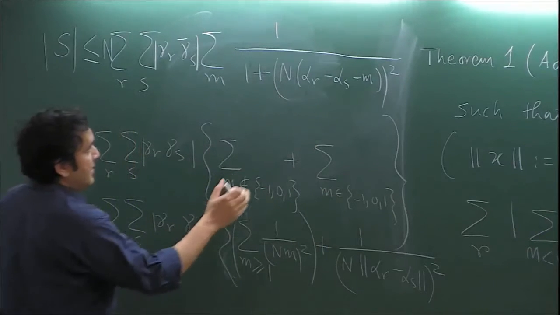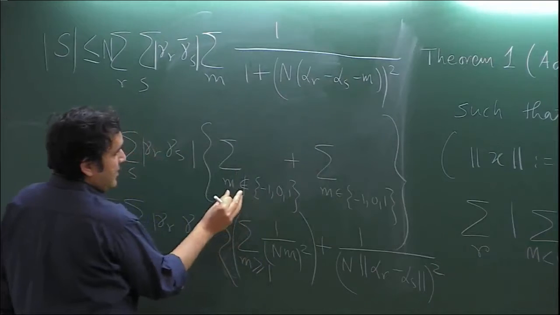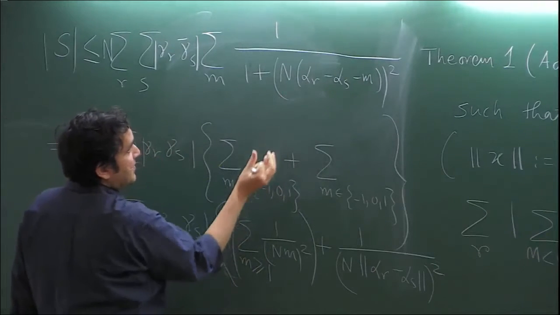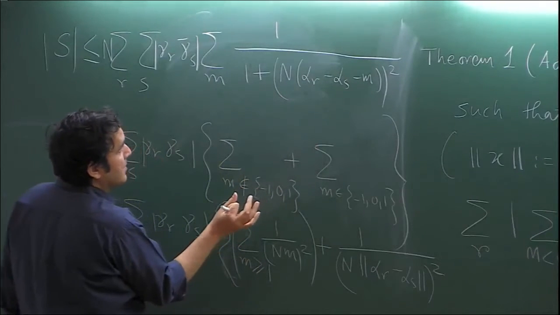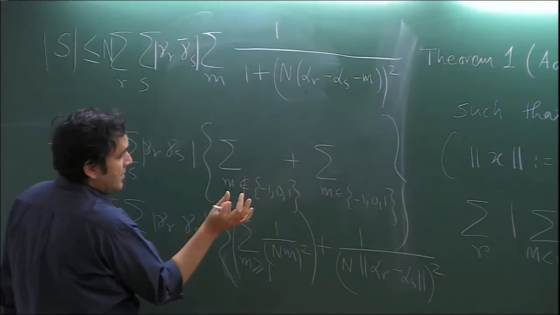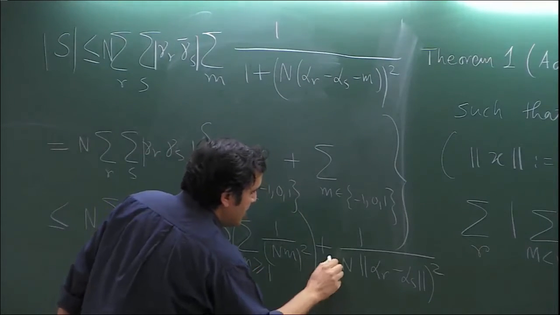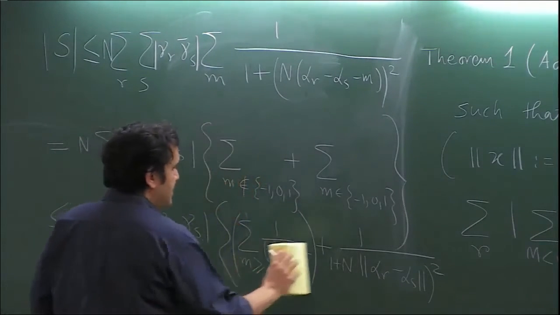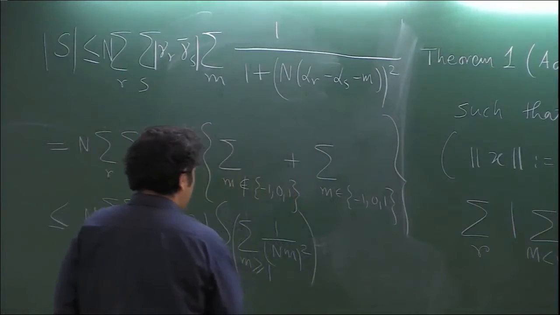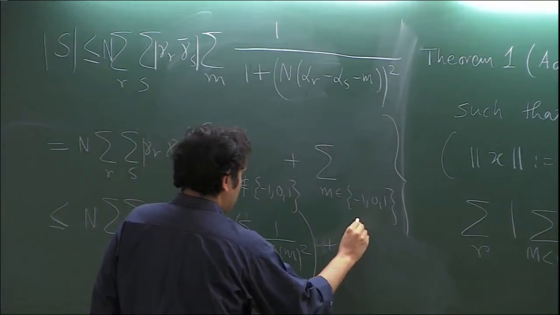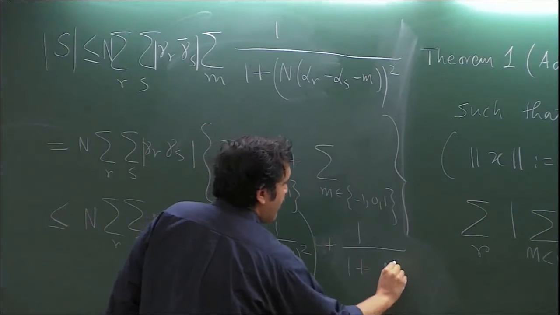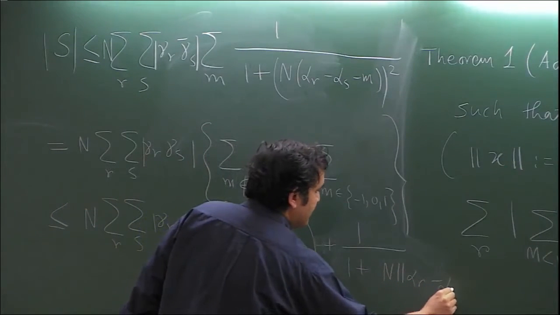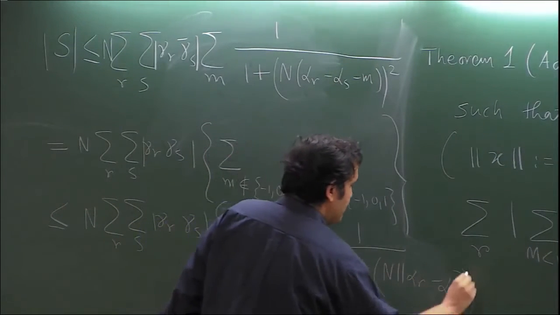And similarly, for when m is away from alpha minus alpha s, sorry, this I want to keep 1, right. So let me write it again. This plus 1 upon 1 plus n into alpha r minus alpha s square.